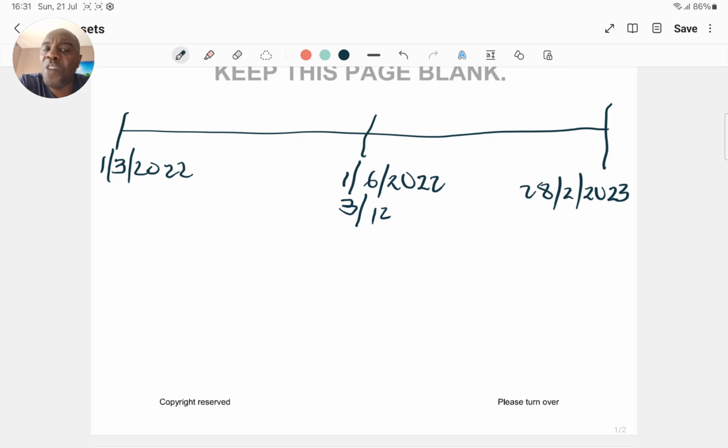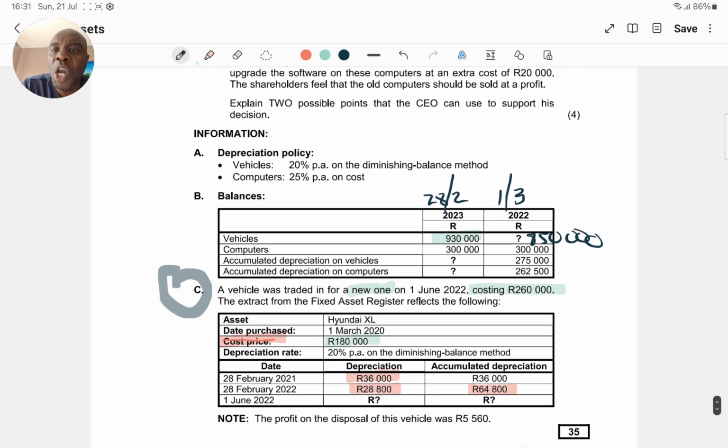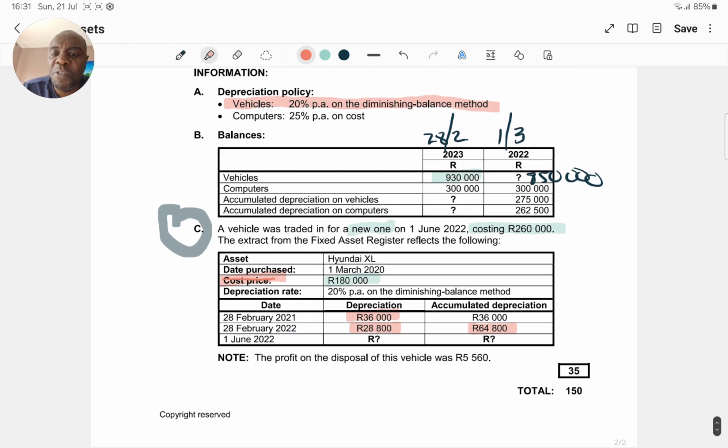Remember, what method of calculating depreciation are we using? According to additional information A, we are using the reducing balance method. That means we are calculating 20% on the book value of the asset, or the carrying value, or the carrying amount of the asset. What does that mean? This vehicle was purchased for 180,000.